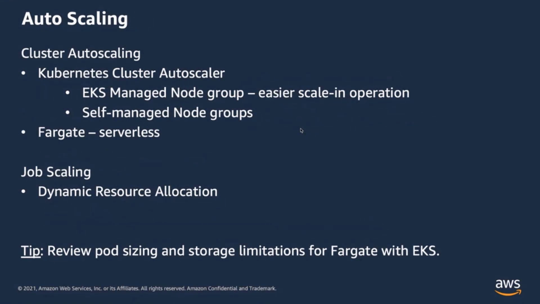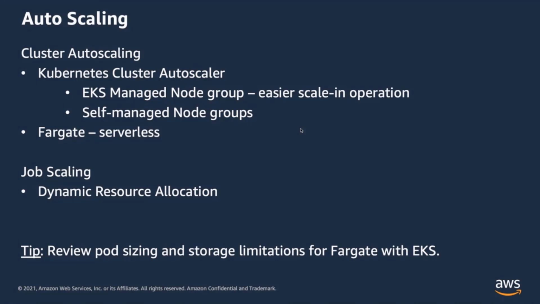So now you are running your application, right? You want your infrastructure to be nimble enough to scale up and down depending upon your workload needs. At a cluster scope, you can use the Kubernetes cluster autoscaler, and you can set up rules on how you need to scale up and scale down.